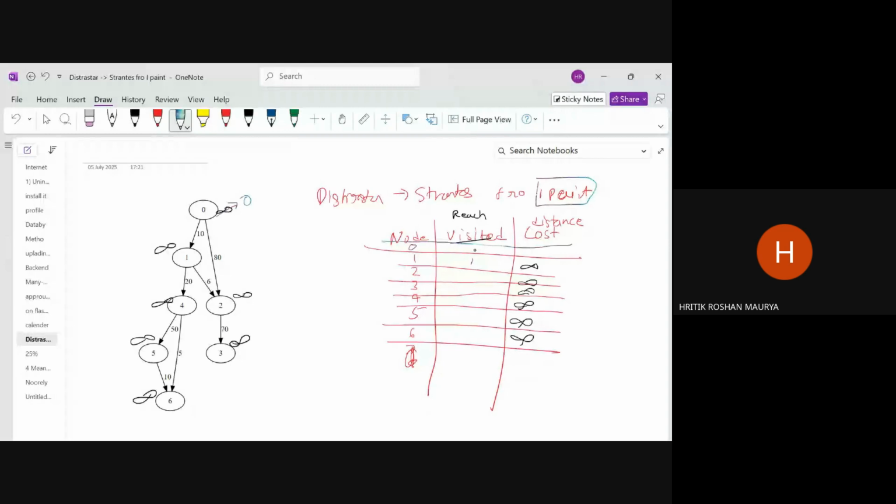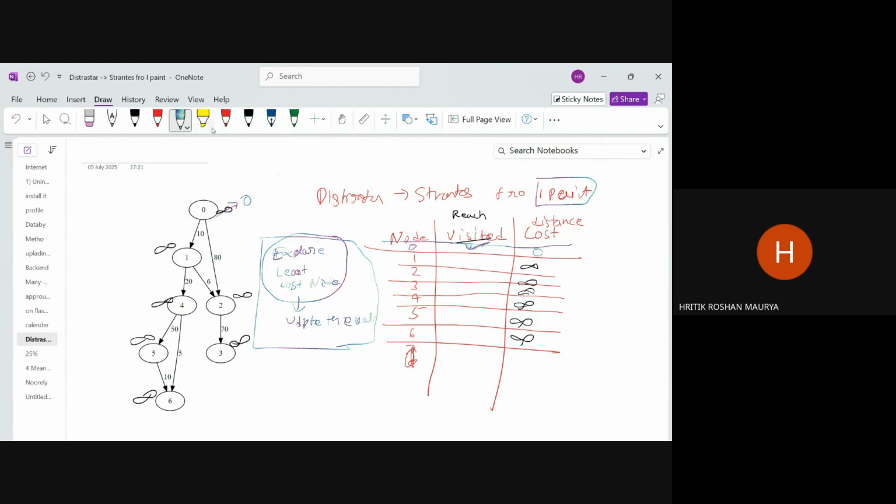And now the thing comes: explore the least cost node, and update the other values. This part you have to repeat again and again.